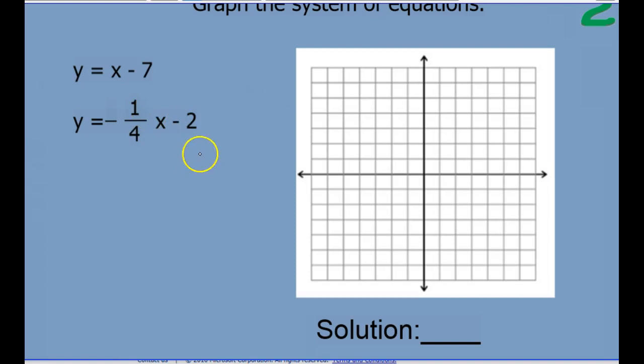Well, if we take a look at the first one, y equals x minus 7, we know that we have an m of 1, because if x is by itself, there's a 1 in front of it. And we know we have a b of negative 7.